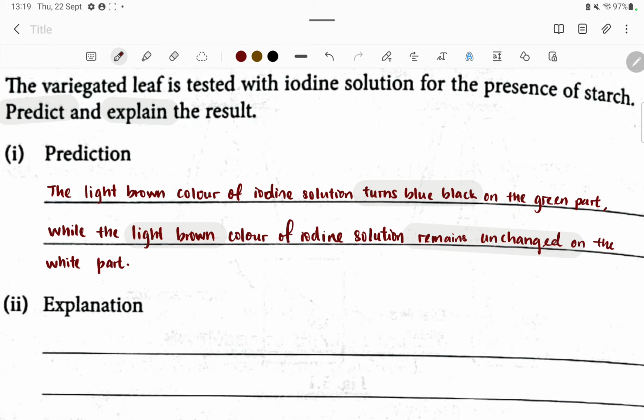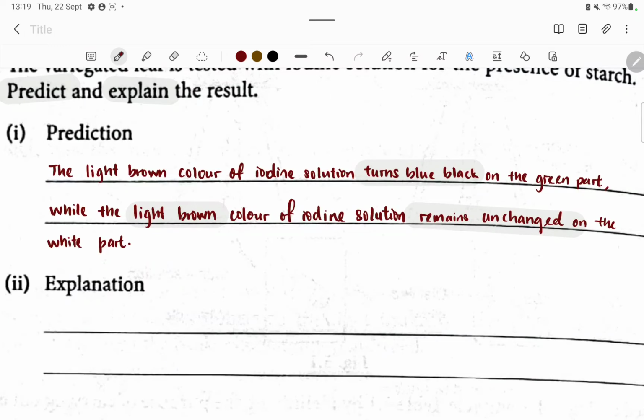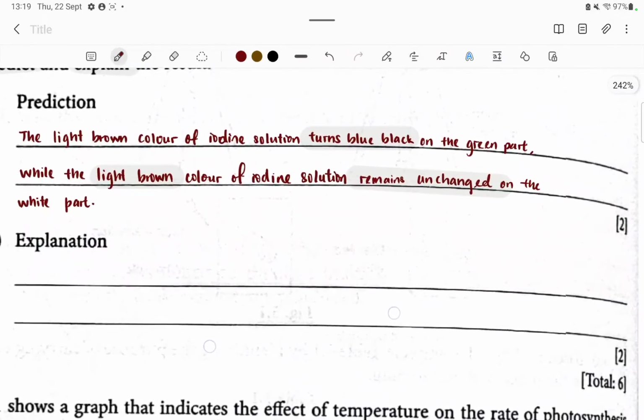Okay, explanation why. This one you have 2 marks for the explanation.